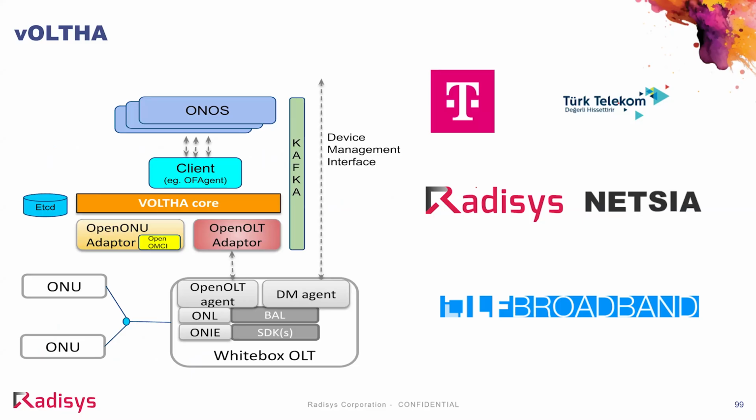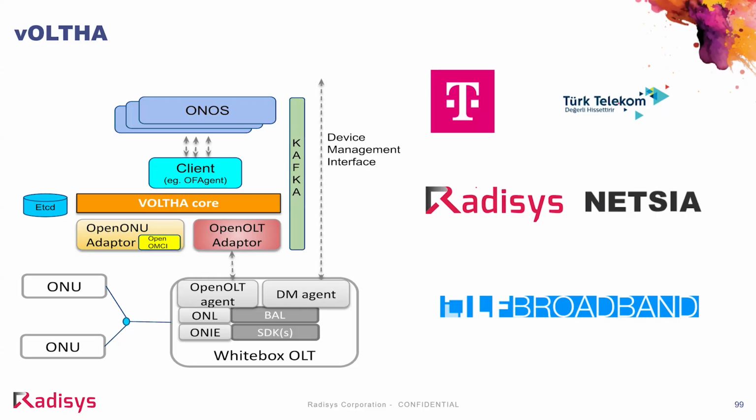So I'll start with vOLTHA. Just to brief what vOLTHA is, this is a disaggregated solution, where everything runs in the vOLT out in the cloud or on x86 machines. We have vOLTHA core, which is the master of all the adapters.